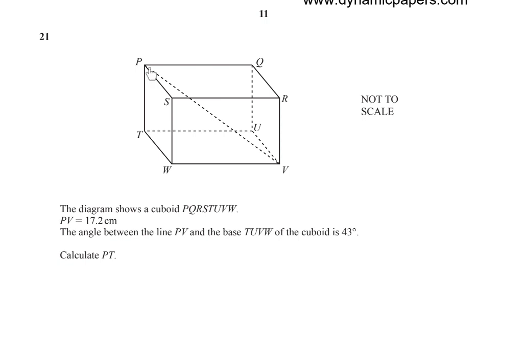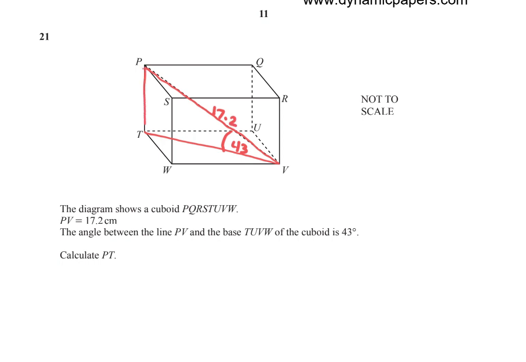The angle between BV and the base is the angle between BV and the diagonal TV. So we need to join the diagonal TV. So this is the angle between the base and BV. This angle is 43, and this side BV is 17.2. We need to find BT.